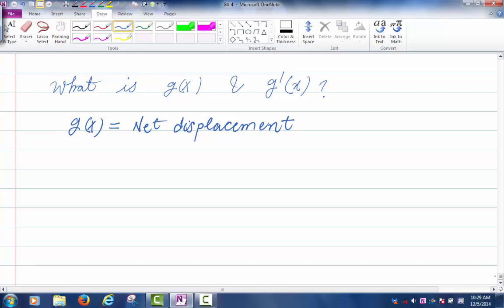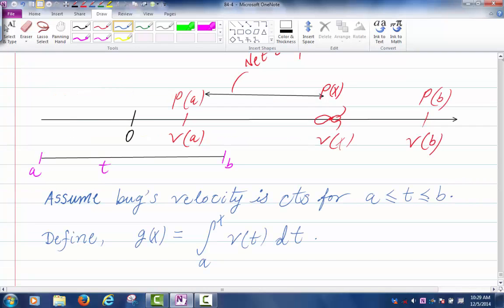G of x gives you the net displacement. So let's look at the picture of net displacement. Suppose I want to know the position at time x. Can someone tell me how can I find the position at time x? If I know the net displacement, and if I know the position at time a.